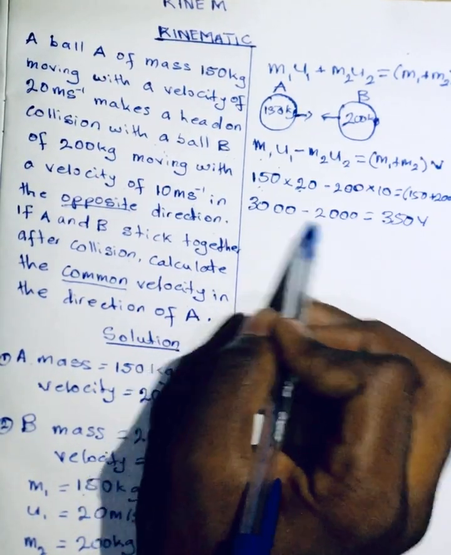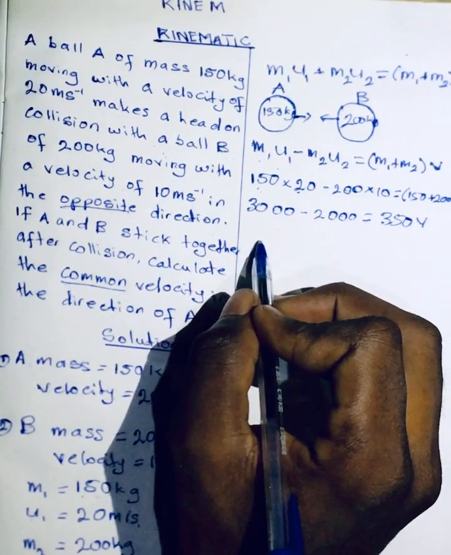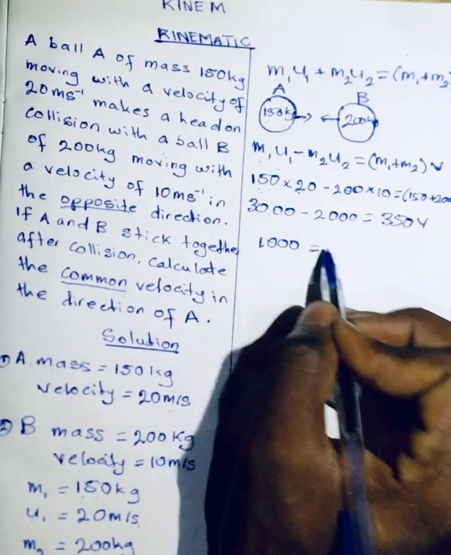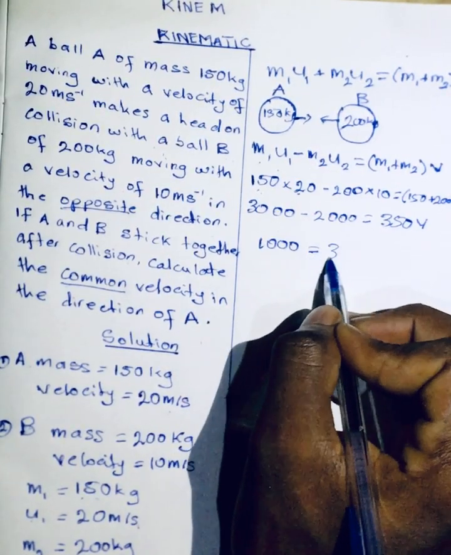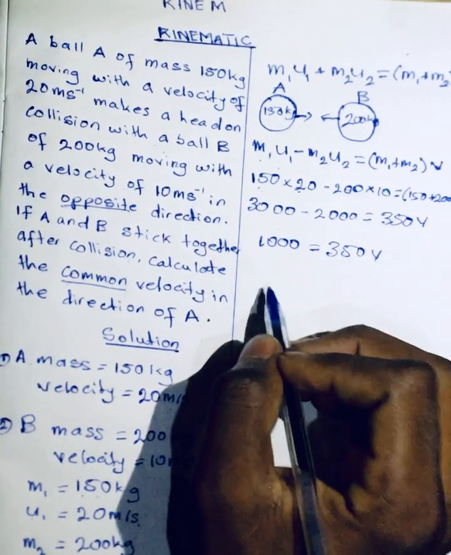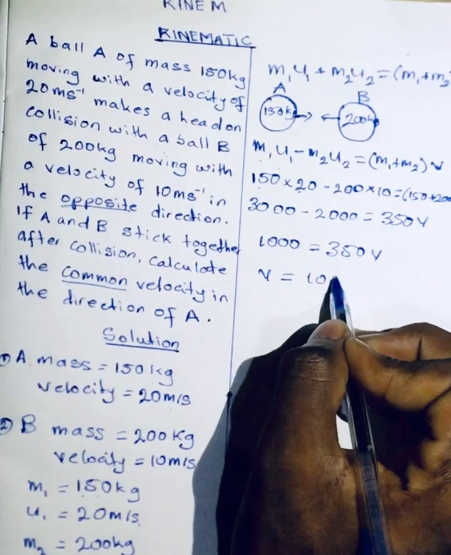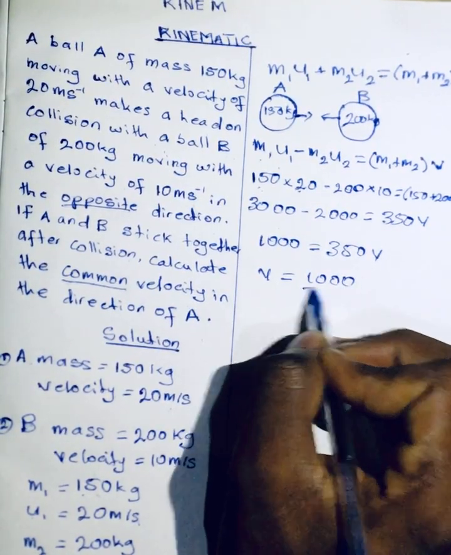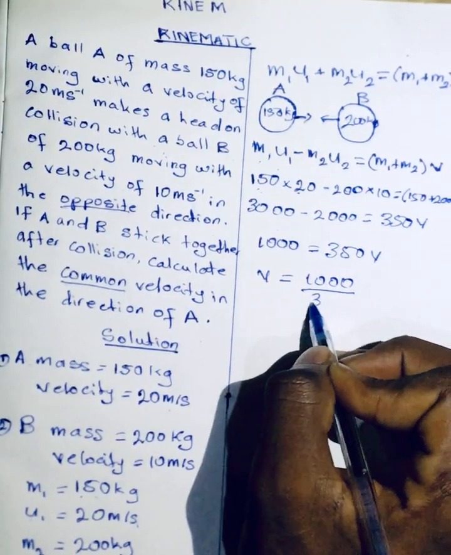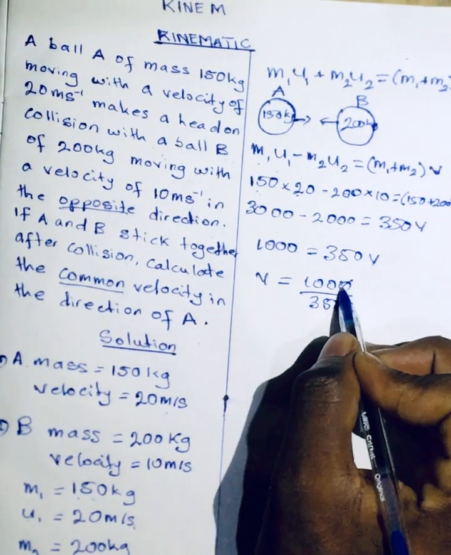Then at this place, let's simplify this. We have 1000 left is equal to 350 v. So v will be equal to 1000 divided by 350. Let the zero cancel this one.